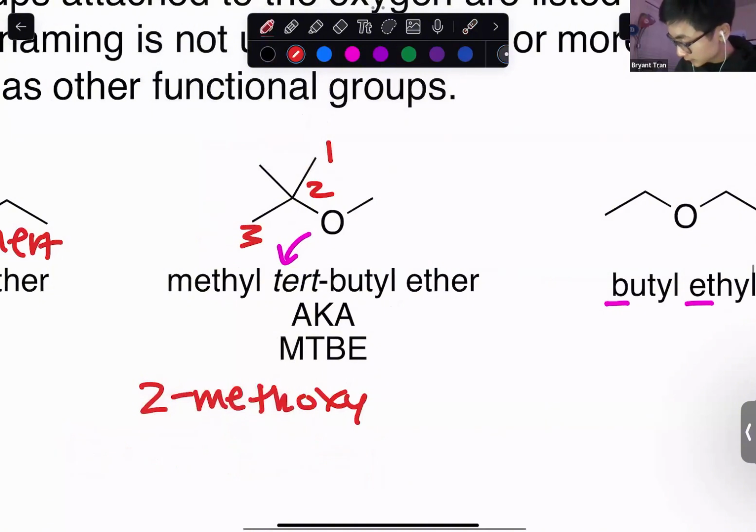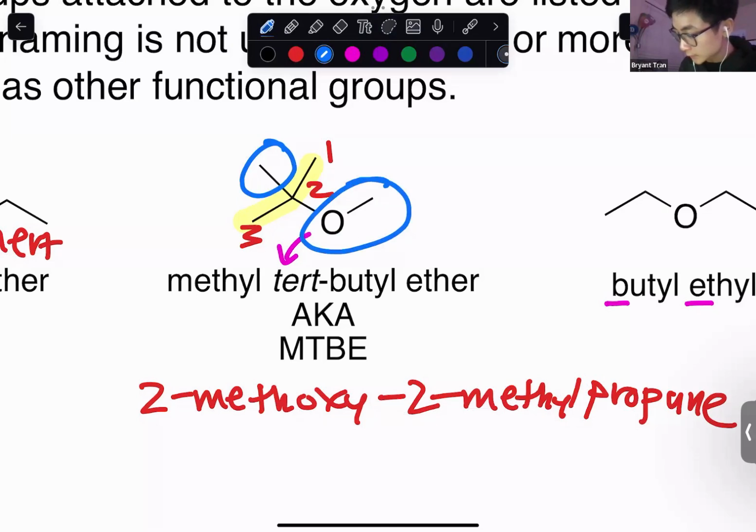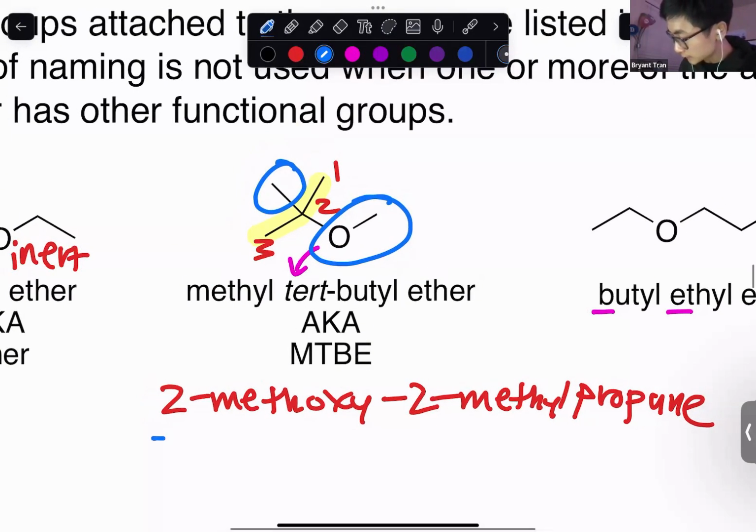So let's say that's 2-methoxy-2-methylpropane, because our longest chain could be this 3 carbon chain, where there are 2 substituents, a methyl group on carbon 2 and a methoxy group on carbon 2.